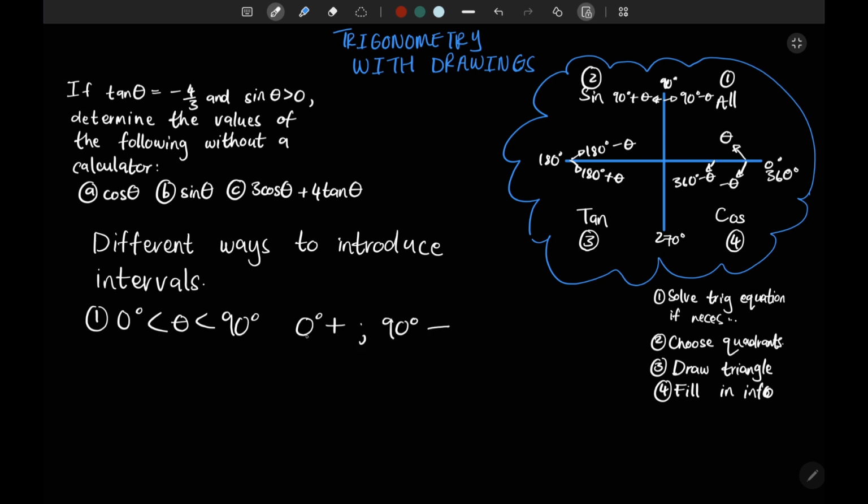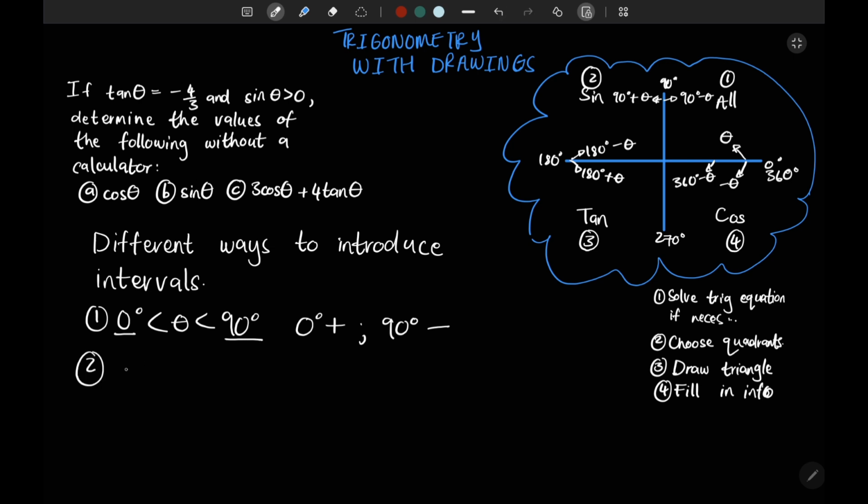It should be greater than 0, but not bigger than 90 degrees. So when you go to your case diagram, where's 0 plus? That's your 0. 0 plus means it's in the first quadrant, okay? So there is 0 plus, 90 minus, that is your reduction.